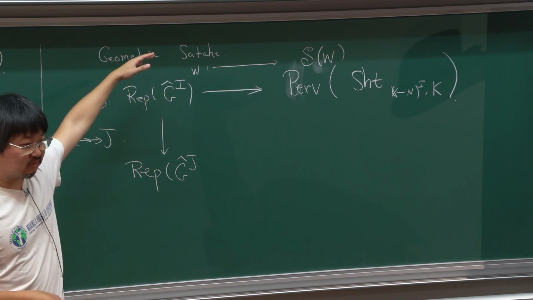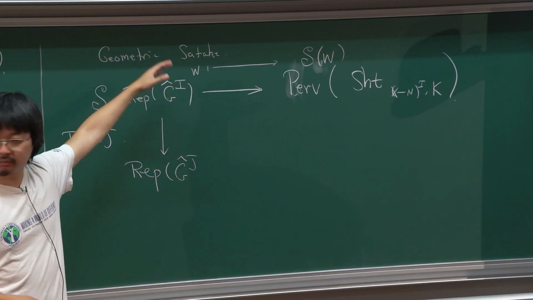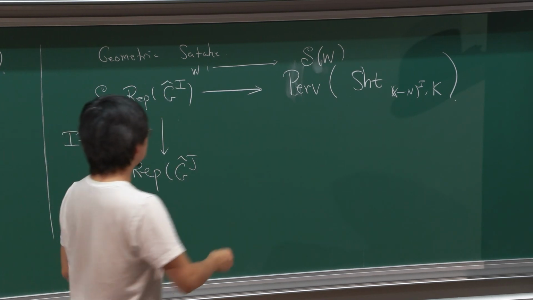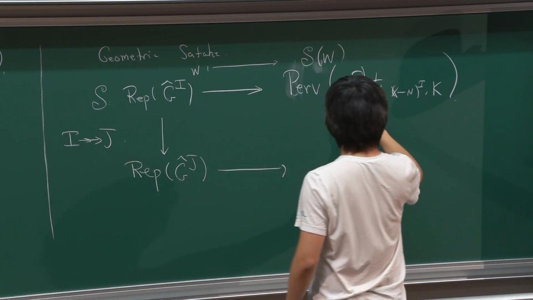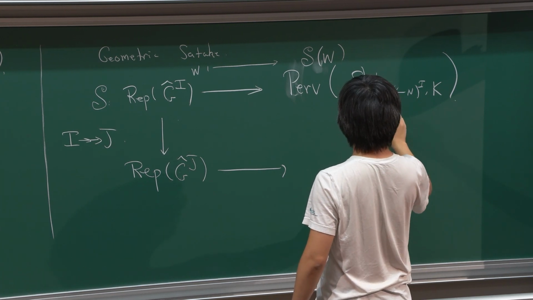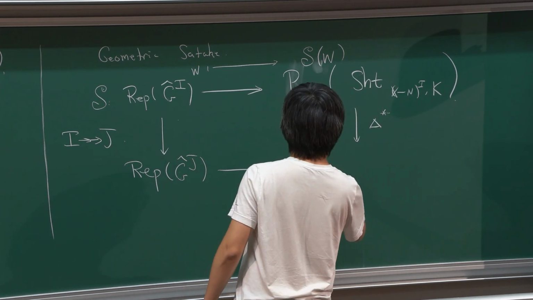At the level of representations you can restrict, and you can also restrict to the diagonal along this.